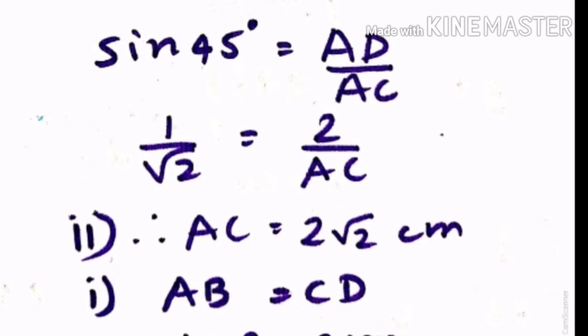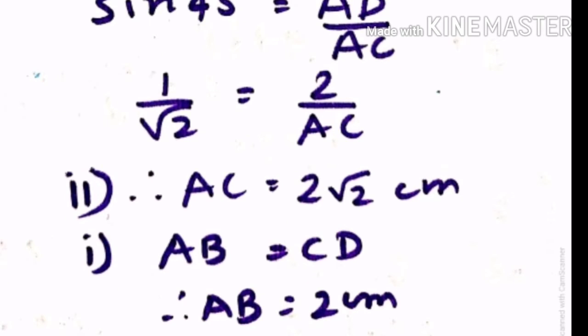Now also, students, AB is equal to CD as it makes a square. So now we think of AB. AB is equal to CD, and already we can write AB is equal to 2 centimeters. Why? Because triangle ADC has a 90 degree angle, students. So in that, angle A and angle C are equal. They are 45 degrees, so the opposite sides are also equal.